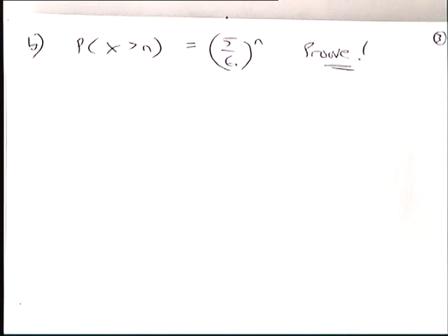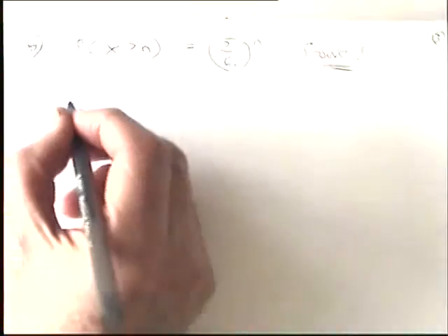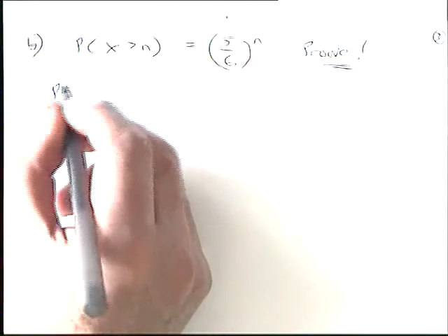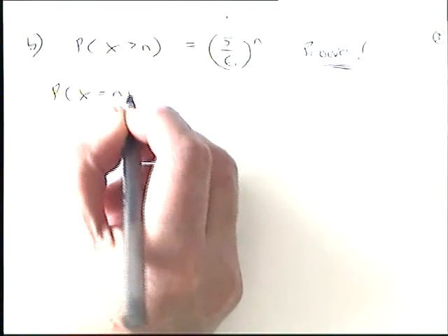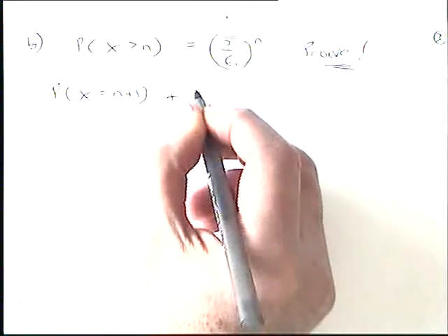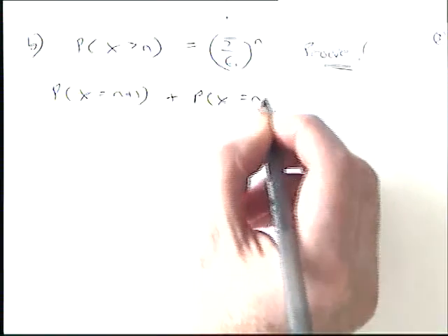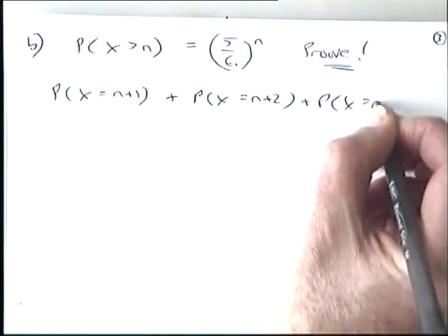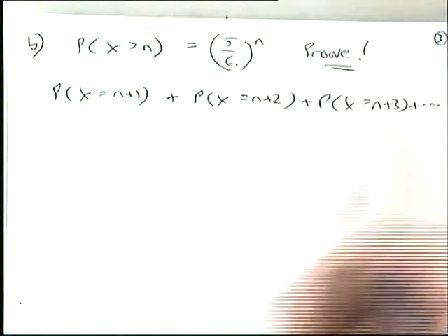So if they have to have more than n attempts, what's the first number of attempts they could have? n plus 1. Or they could have n plus 2, or n plus 3, and so on.